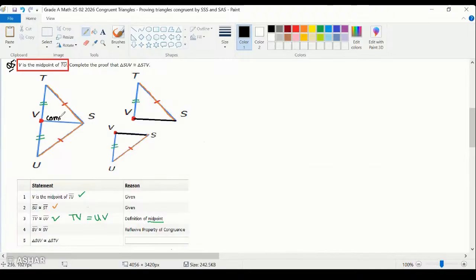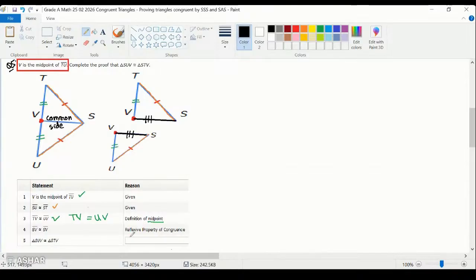Agreed? That means 3 sides have been given to us, right? Since the common side will have the same length, this is the common side having the same length. So in this case, 3 sides are given to us which are equal in length.